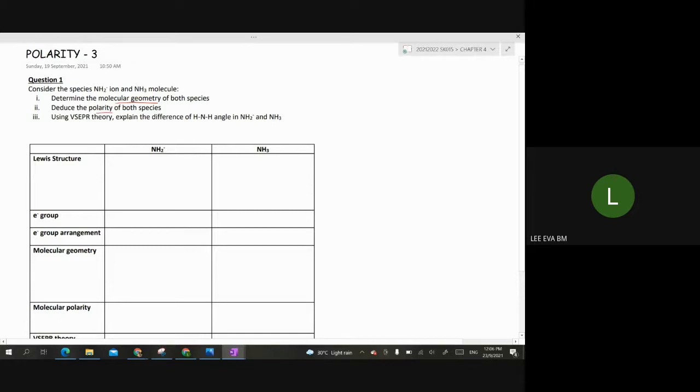And then number 3, explain the differences in the bond angle inside both of these structures. Okay, so Lewis structure for NH2 negative. Again, you have to repeat all over again. What's the total electron? So over here we have 5, 2 hydrogen, we have 2. The negative charge gives you an extra electron. So total we have 8.